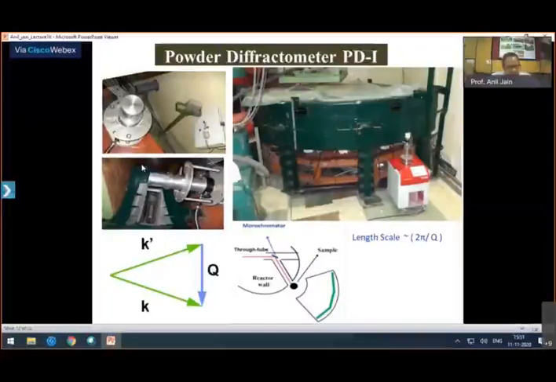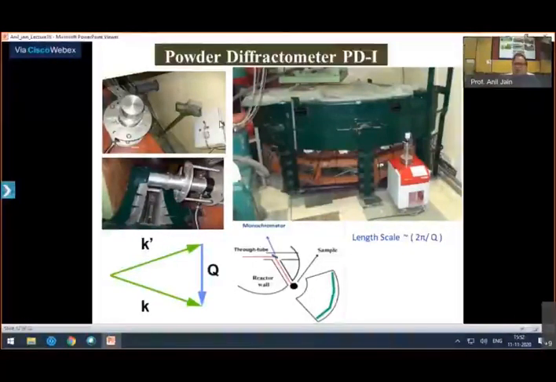Here what I show you is the wall of the reactor. The Dhruva reactor has a cylindrical wall, and outside this biological shield you see a beam hole. This beam hole is providing neutrons. There is a small cavity here, so in this powder diffractometer 1, we have a monochromator just inside this biological shield.